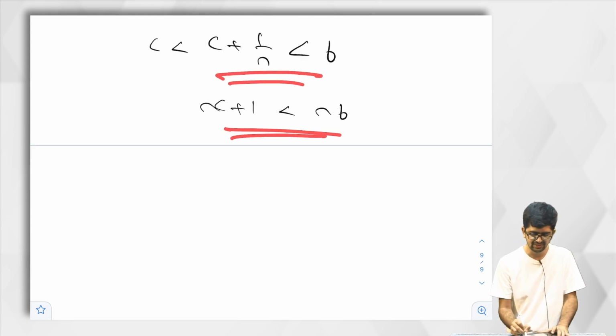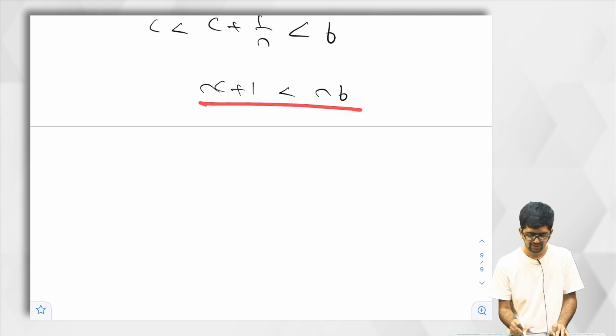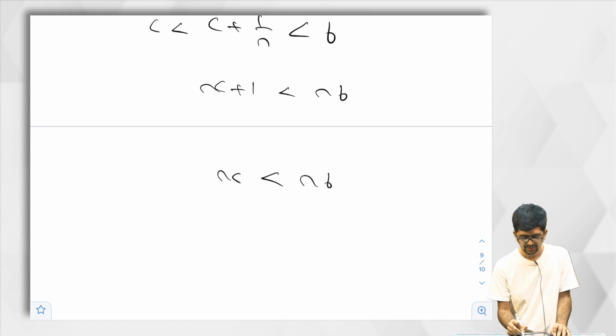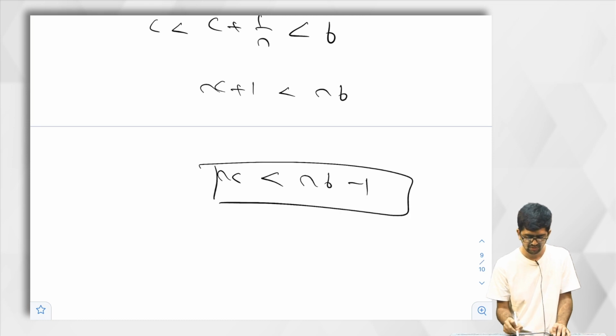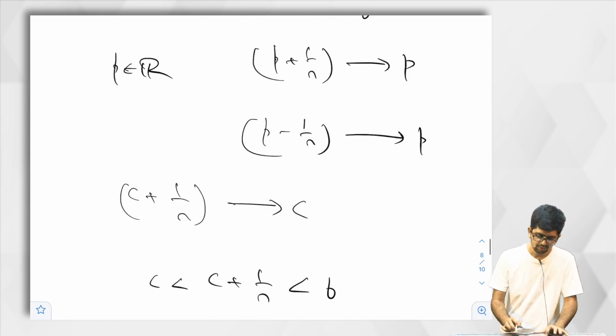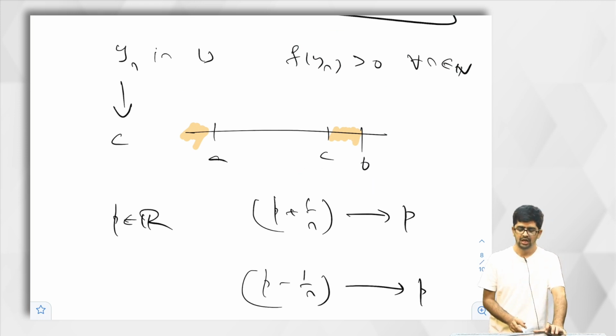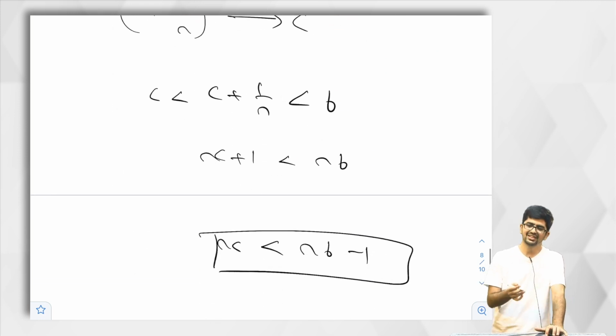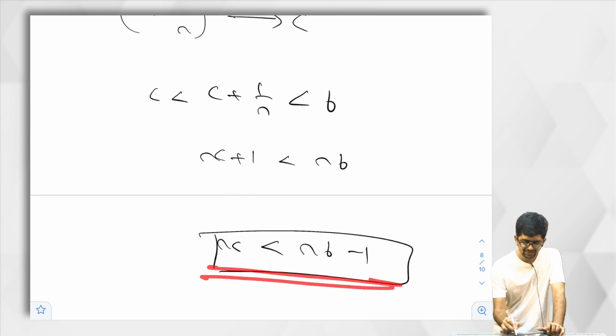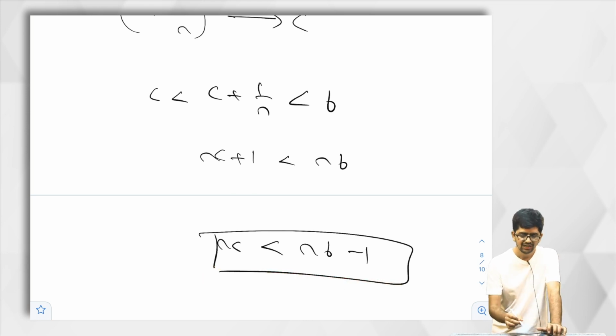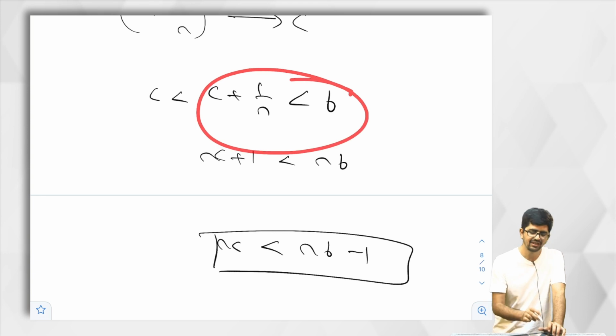So this implies nC less than nB minus 1. All I know is that C is less than B. Maybe after a certain stage this may not hold, so I don't always have this case.